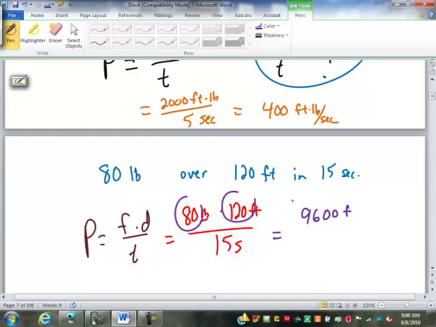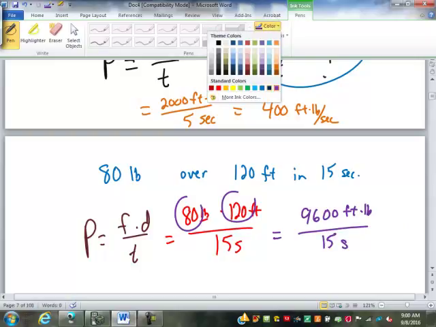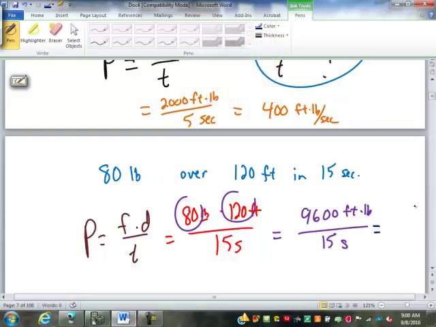And pounds times feet is going to be foot pounds. You put them as pound feet, but it makes more sense as foot pounds. Over the 15 seconds now, we divide by 15. What do we get? Well, 640. There you go. And so that is foot pounds per second. Any questions? How many of you had that? 640. If you didn't have the units, I'm not worried about that for now.